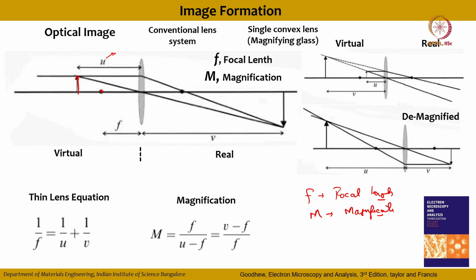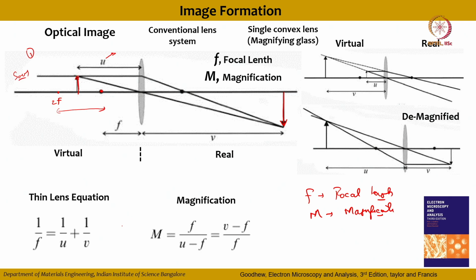Okay, so in the first condition, the object is placed between f and 2f. So assume this is the 2f position. If the object is placed between these two positions, the image is magnified, real and inverted. This is your image. Okay, so there is a source of light here.